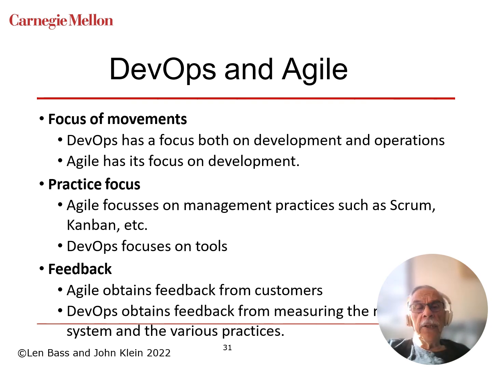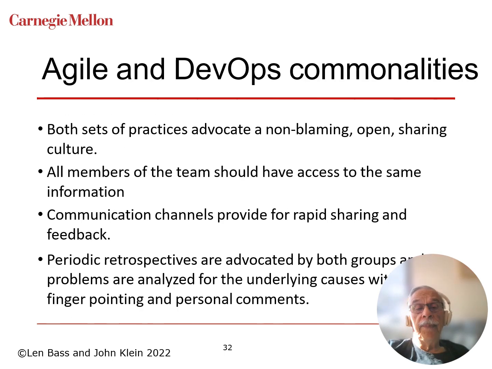And a good way to see that they're not the same is to look at how they generate feedback. So Agile gets feedback from customers. What should we do next? Are you happy with the way that it's working so far? And so on. DevOps gets feedback from the measurements that are taken. And are things working, operating the way they're supposed to?